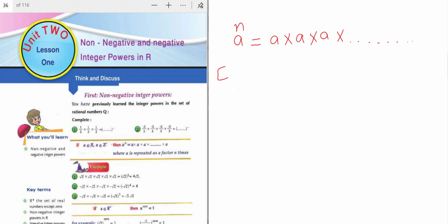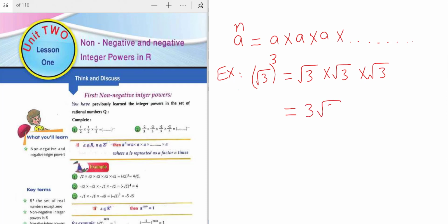For example, root 3 power 4 equals root 3 times root 3 times root 3. Root 3 is called the base and 3 is called the power, which equals 3 root 3.